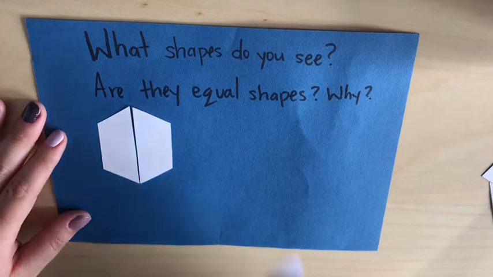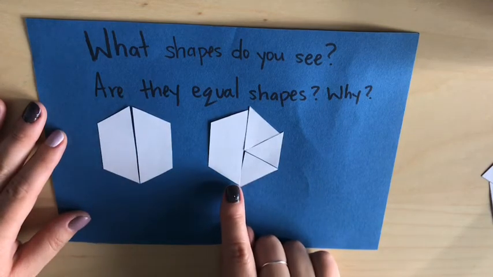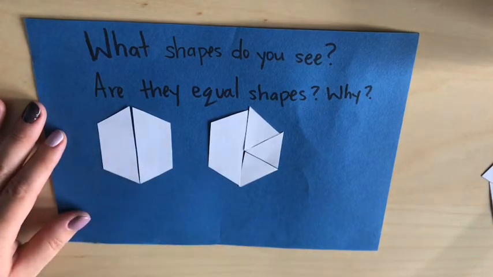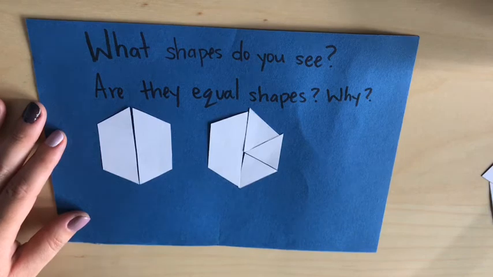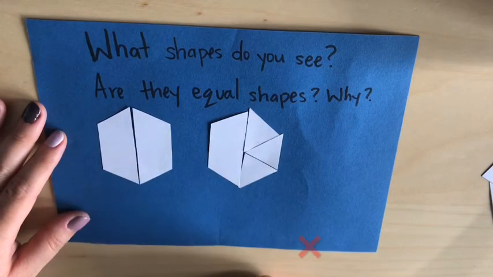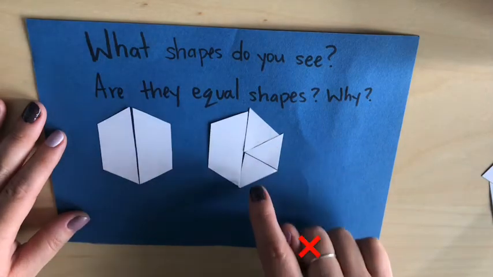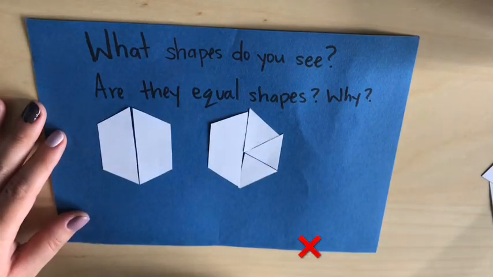Let's try this last one. What composite shape do we see? We see another hexagon. This is another way to make a hexagon. Is the hexagon made of equal parts? No. What shapes do you see? I see a trapezoid. I see 3 triangles.